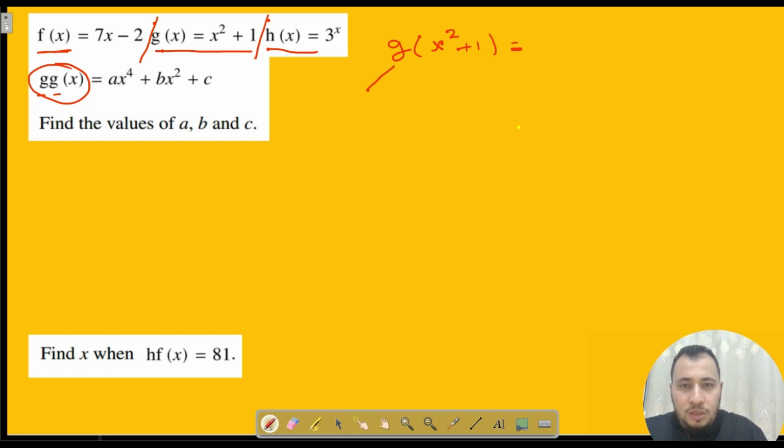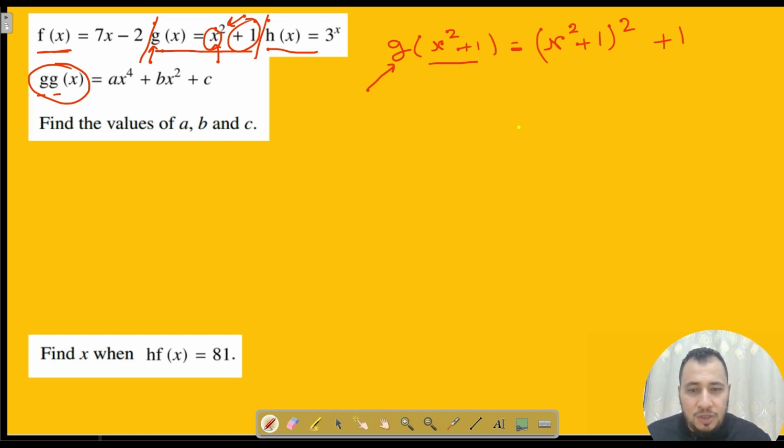I'm going to function g and substitute x here. Remove x, I replace x, and simply I am going to write its value, which is x squared plus 1. Here I have squared, so I'm going to write all squared. Here I have plus 1, and then I'm going to write plus 1. Here is the substitution part.